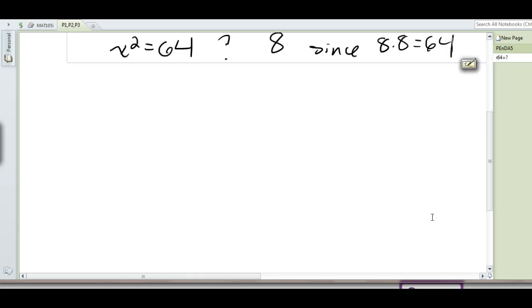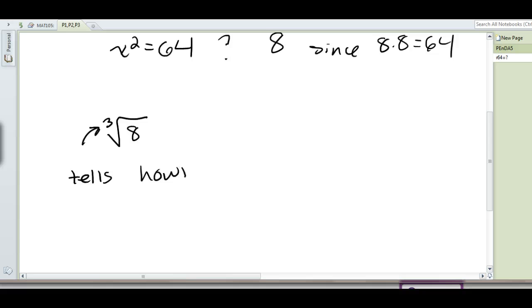Okay, what about higher number radicals? What if we had the cube root of 8? Well, this root number tells how many copies of the unknown value you're actually multiplying.